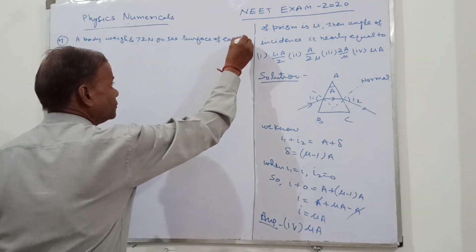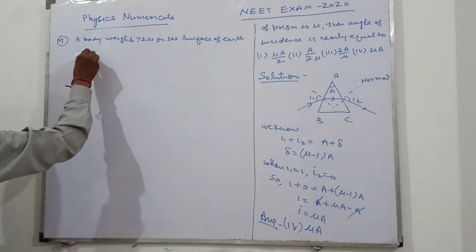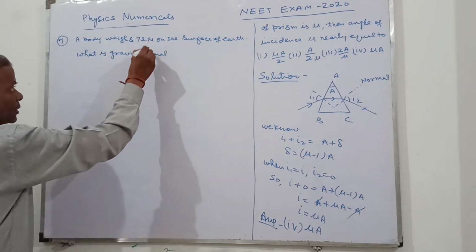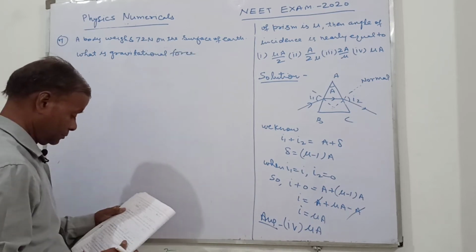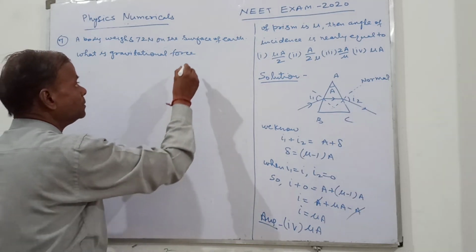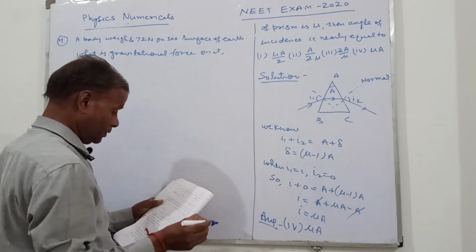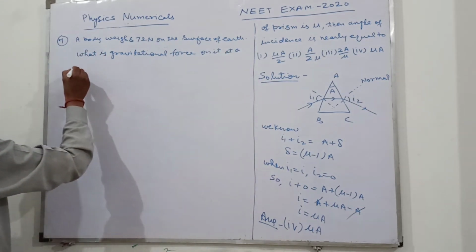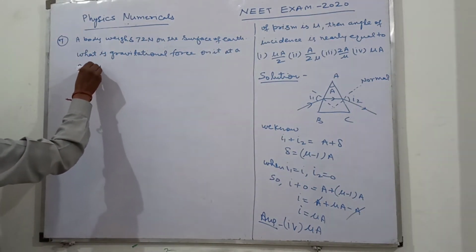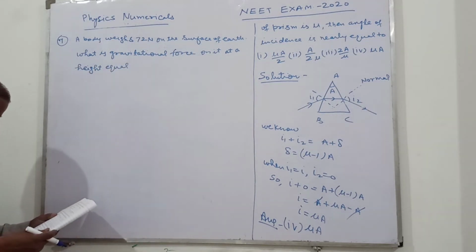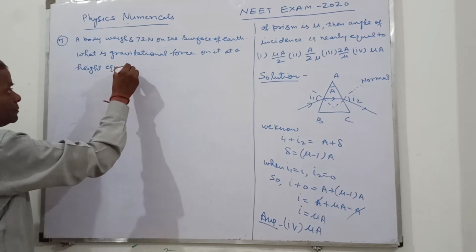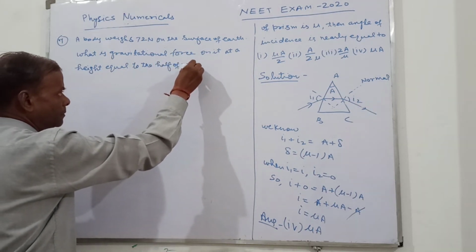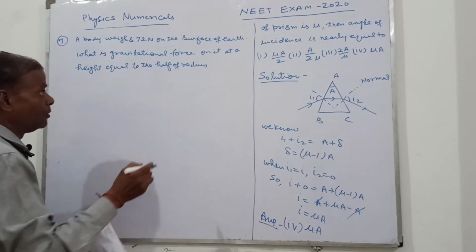What is the gravitational force on it at a height equal to the half of the radius of Earth?